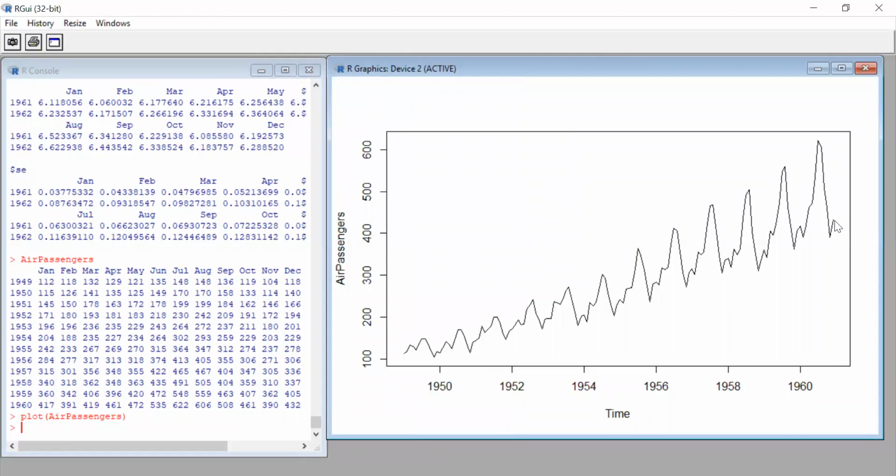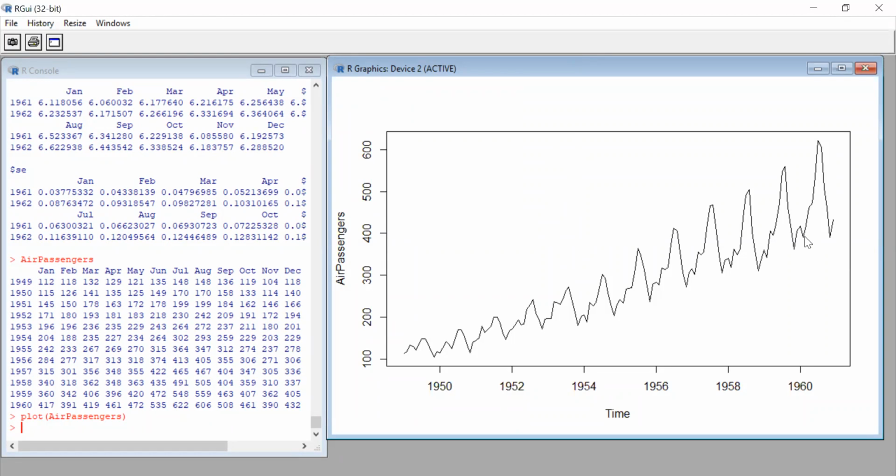So it is December and November. I think in the middle it is a little bit shifted. So in the middle, there is October, September and August. And maybe this one is July, June.